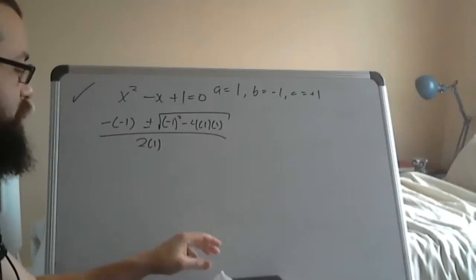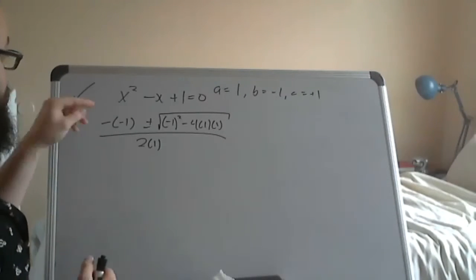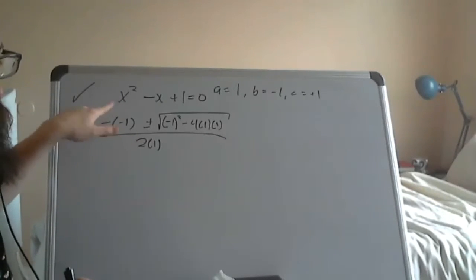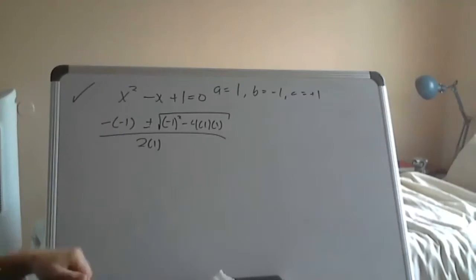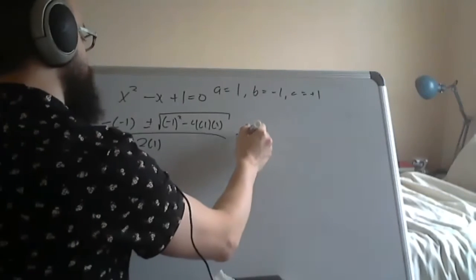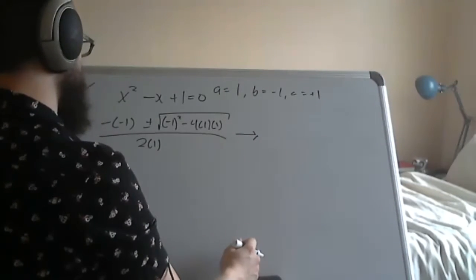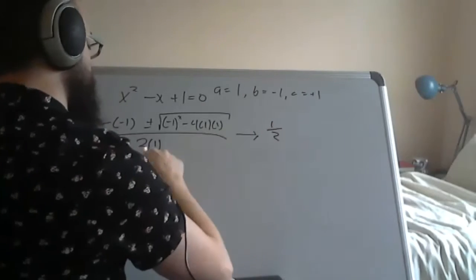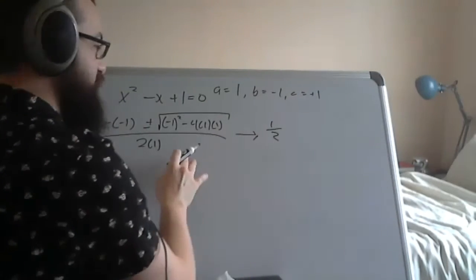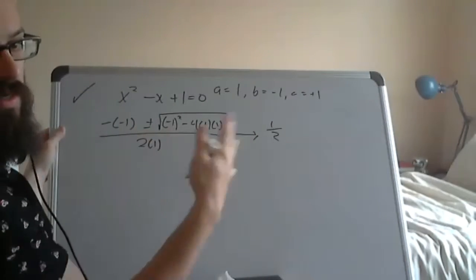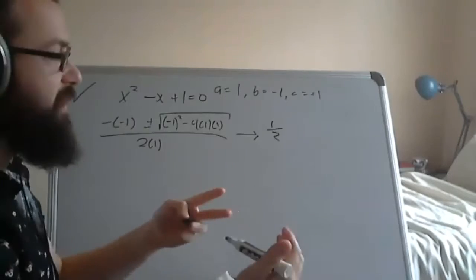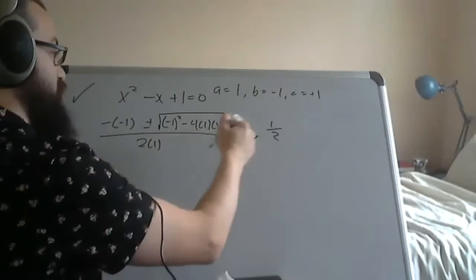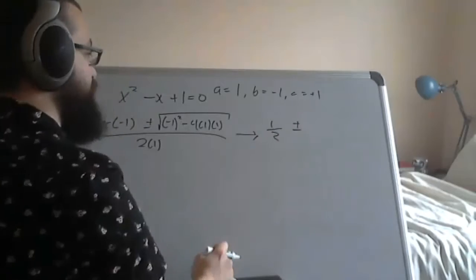All right. So here's our thing. We're looking for x. We can't factor this easily, so we go here to the quadratic equation. Simplifying this, negative B becomes a positive 1. This is over 2. I can split this across the denominator, which I'm going to do right now.